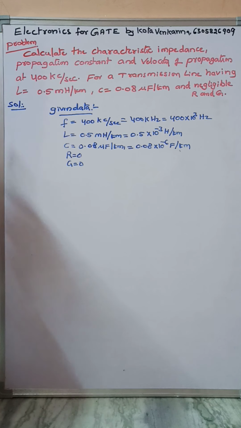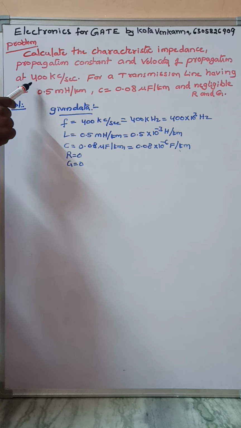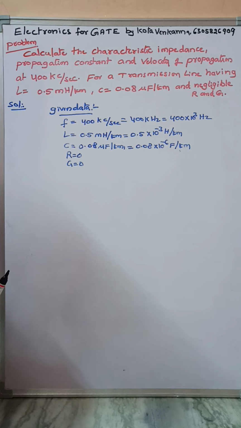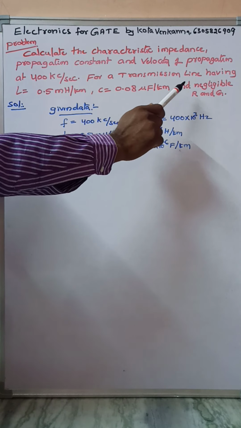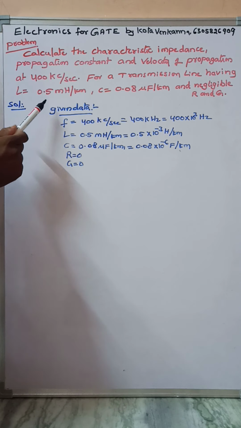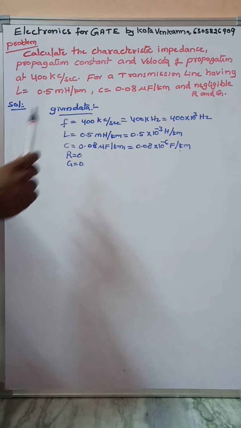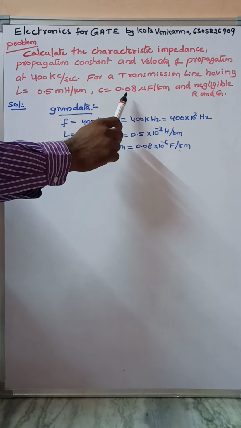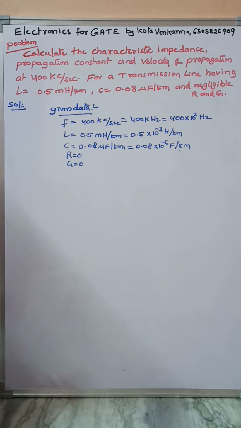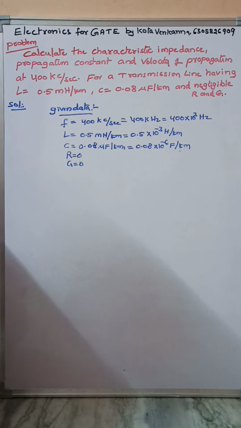Frequency in hertz is the number of cycles per second, that's why this is 400 kilocycles per second. Negligible R and G means R is equal to 0 and G is equal to 0.